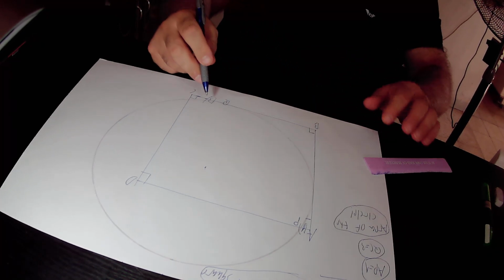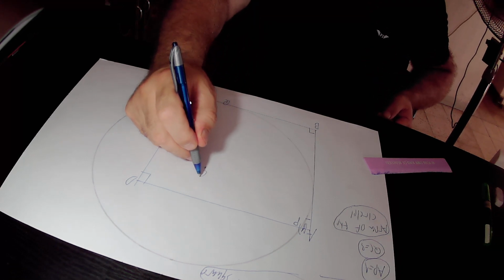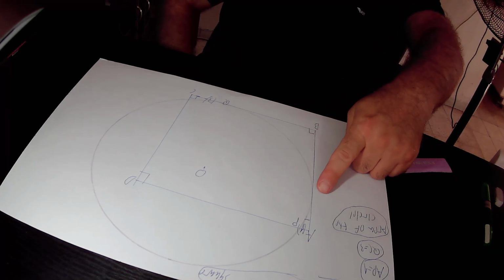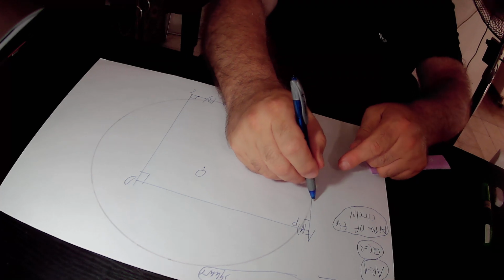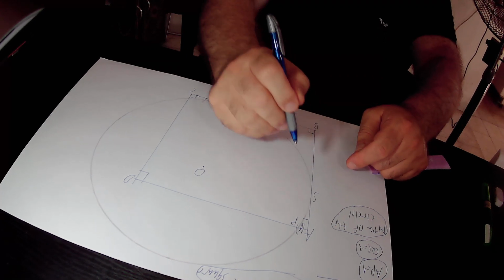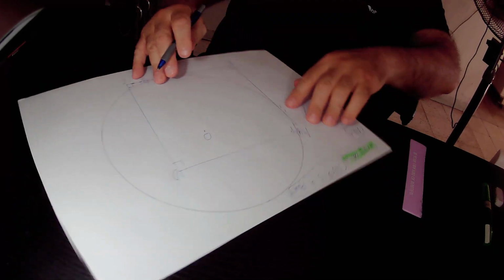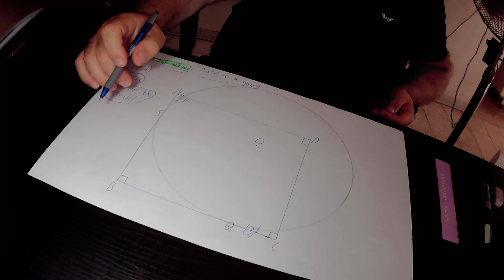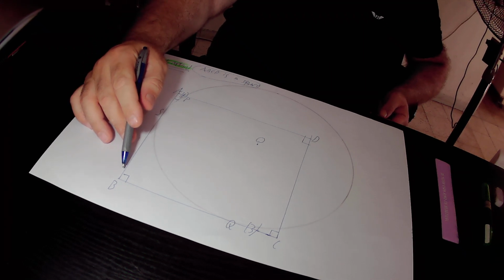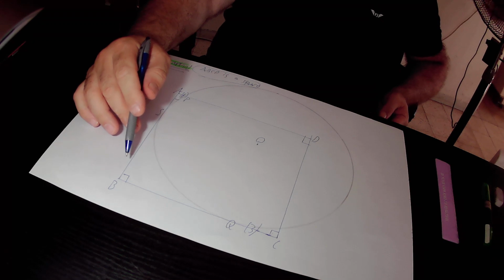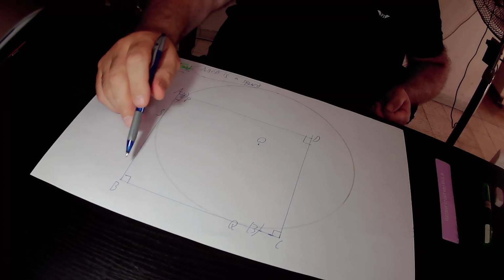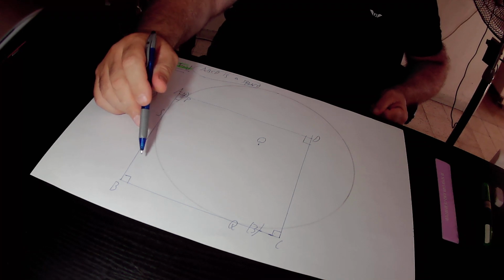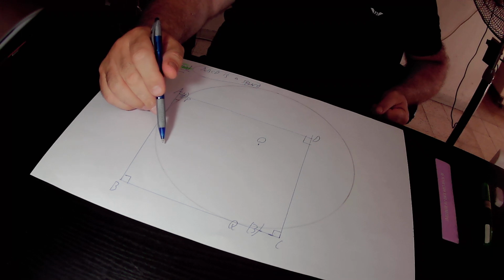In the next step, we define the center of this circle. This point is point O, and we define the point of tangency of tangent AB with this circle. This point is point S. In the next step, we focus on this point, point B. In relation to the circle, point B is defined as a common external point because it is not located inside the circle but outside the circle.